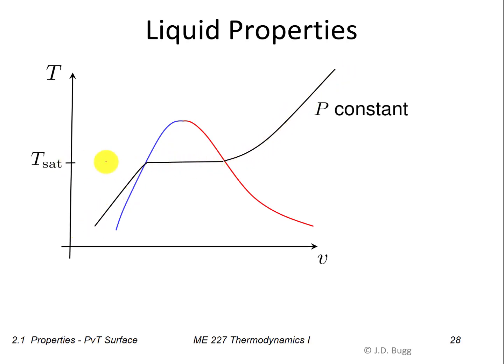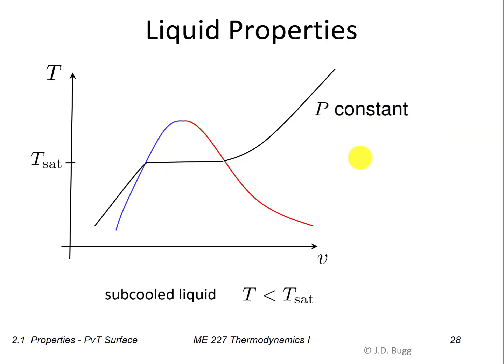The key thing to remember is that the line of constant pressure is horizontal inside the liquid-vapor region, and the particular value of temperature that it's at is called the saturation temperature. So that's the saturation temperature that corresponds to this particular pressure.